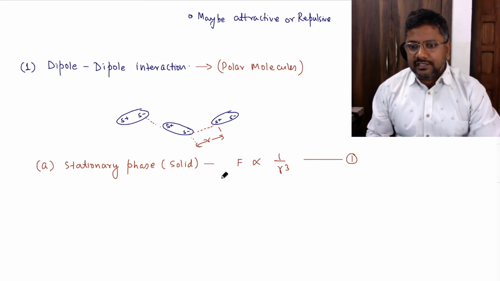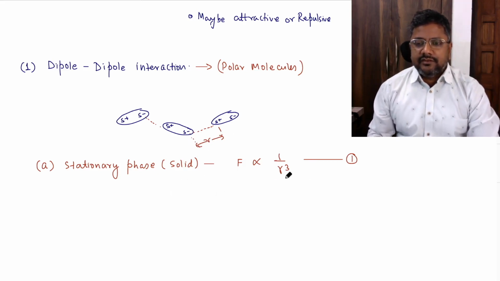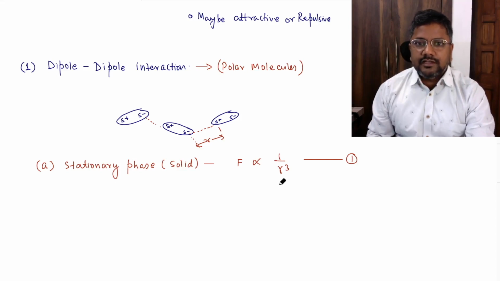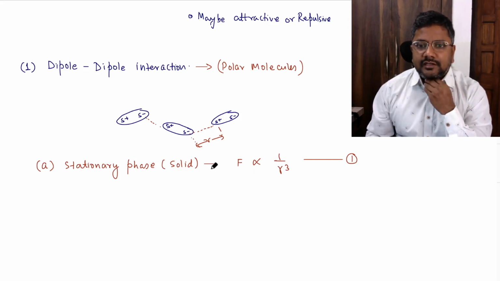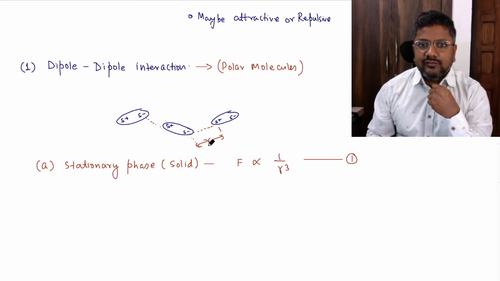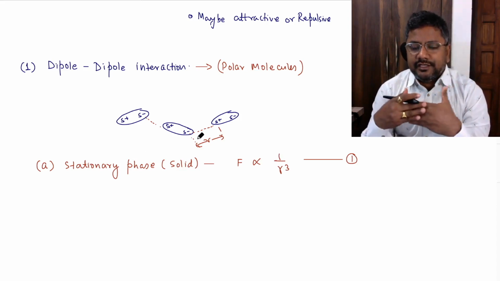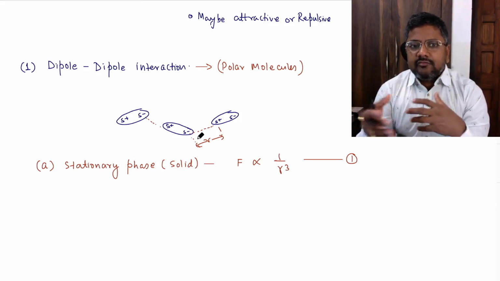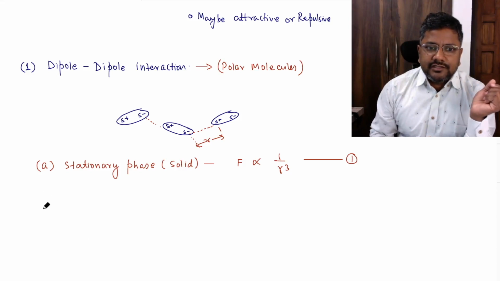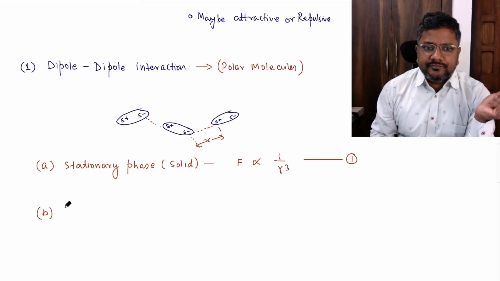So if they are stationary, then this will vary with r cube, right? When they are in the solid state. But when they are moving, the second situation is the moving phase or rotating phase.